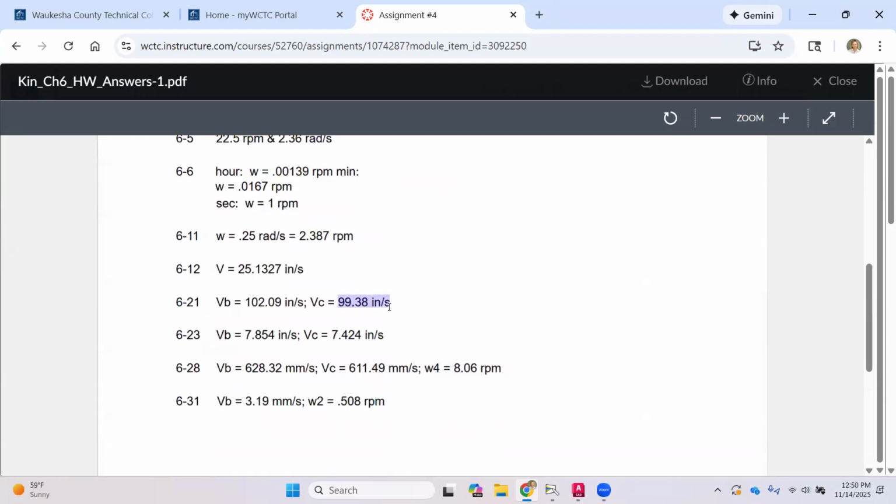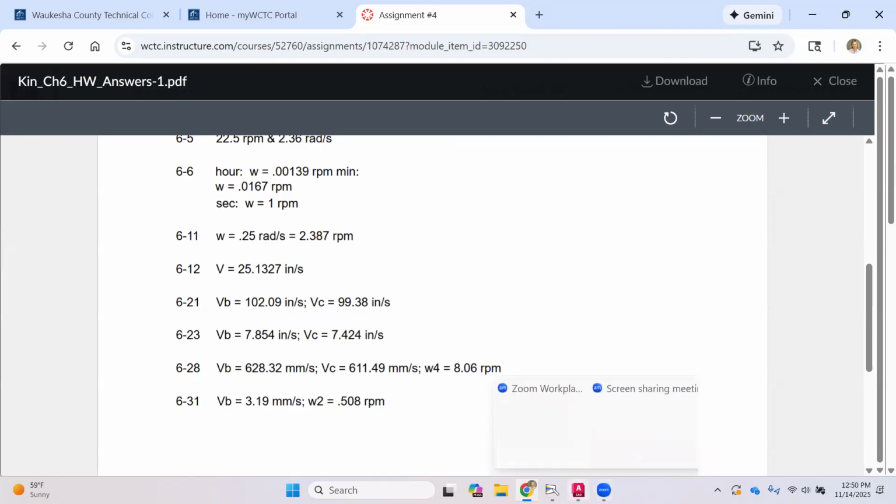Look at that. Velocity of C is, well, I got 99.39. That's okay. 99.38 is pretty darn close. So if your numbers are a whole number one or two away, I would be concerned. But if we're one or two decimals away, I'm okay with that. Does that make sense to everybody? Okay, especially when we multiply by 100.